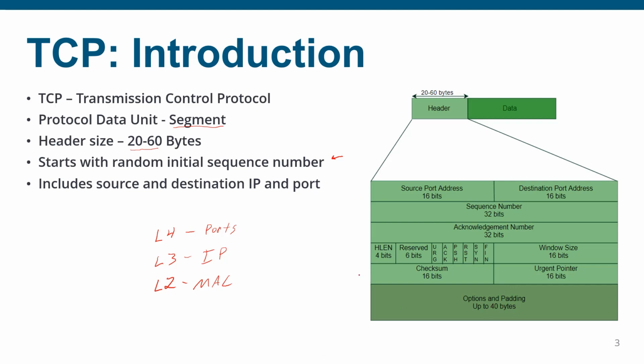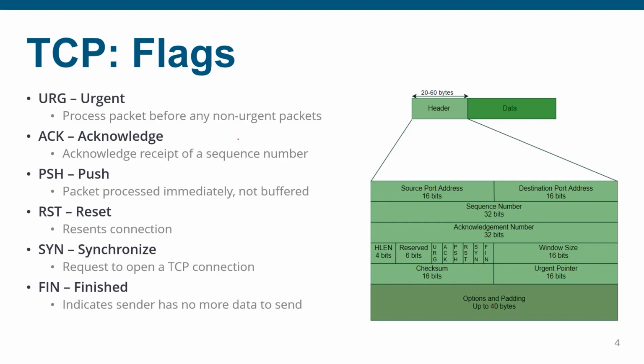So let's take a look at these flags just a little more here. The urgent flag, remember these are all 1 bit. A value of 1 indicates the flag is being flagged. A value of 0 means that it is not. So the urgent flag is to process this packet before any non-urgent packets, to send this packet up the protocol stack to be processed by the application.